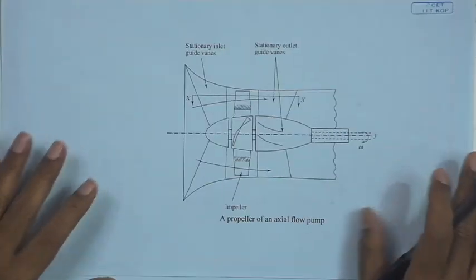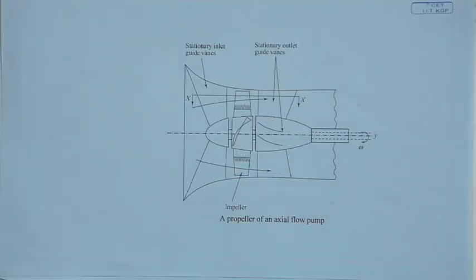First of all, the axial flow pump is just the converse of an axial flow turbine. If you recollect, the axial flow turbine concept came to give higher efficiency and high power developed by the turbine when the head is very low.